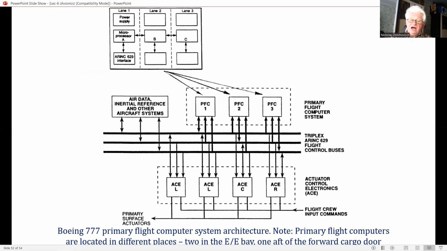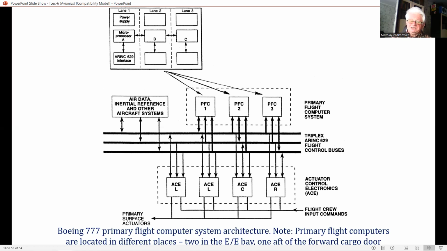The fly-by-wire flight control system of the Boeing 777 also makes extensive use of similar redundancy. This slide is a simplified block diagram of the primary flight control system architecture. The pilot's commands are transmitted directly to the four actuator control electronics, ACE, units, and are then routed through the ACE to the ARINC 629 data buses.